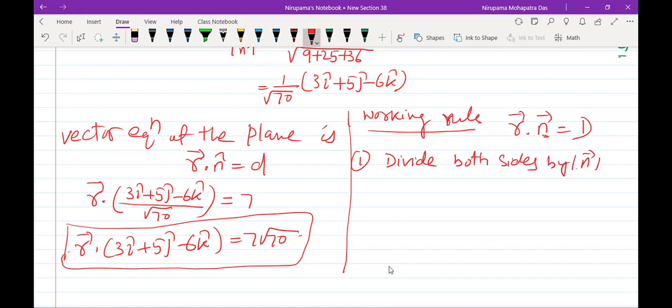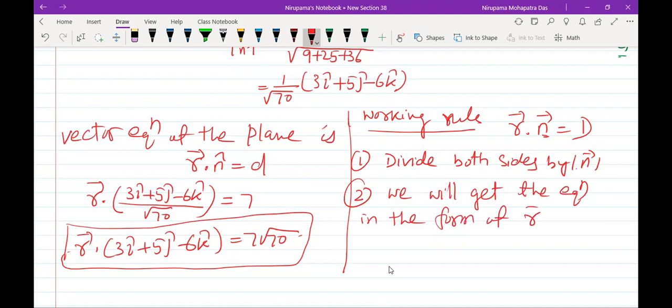Second step, we will get the equation in the form of r vector dot n cap equal to d by magnitude of n, that is r dot n cap equal to d.